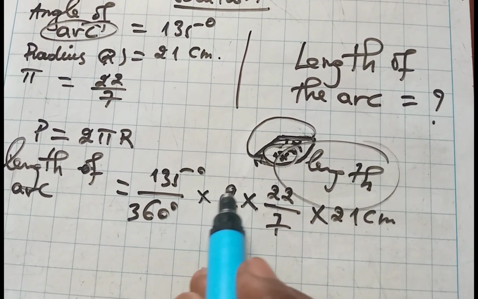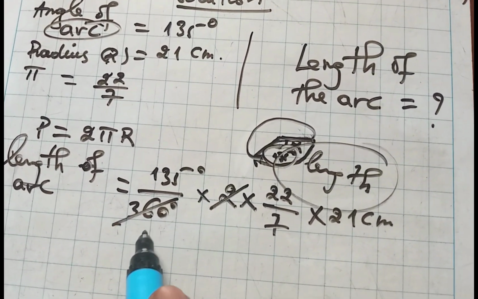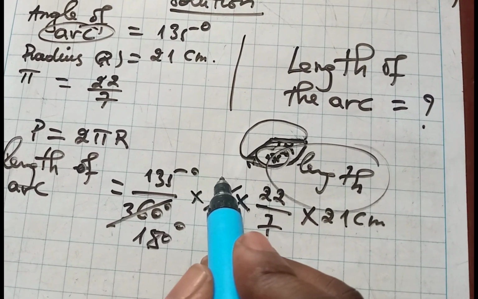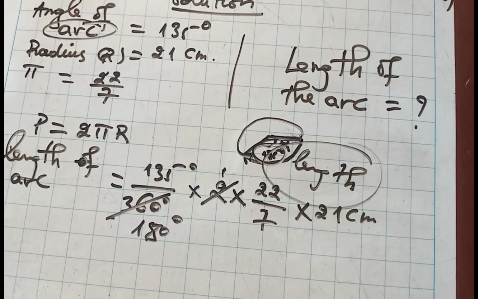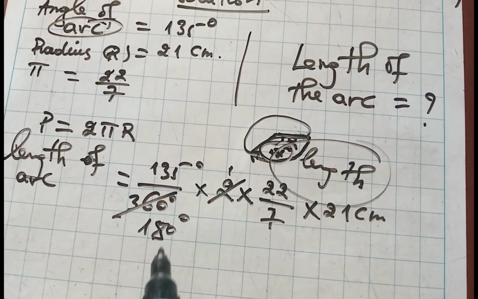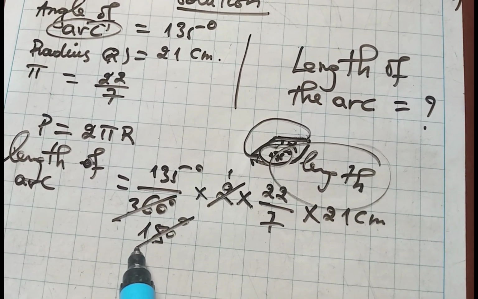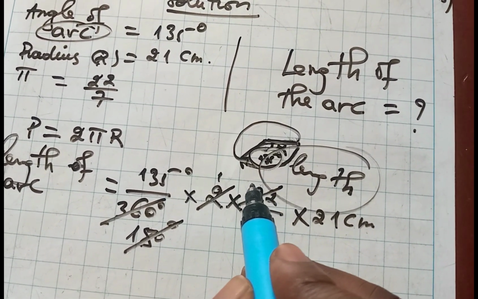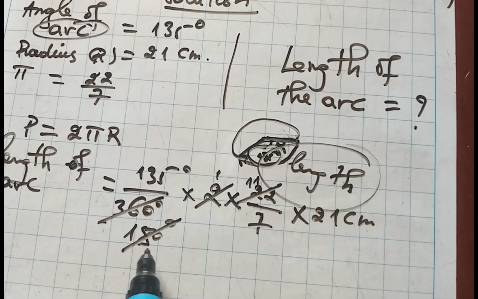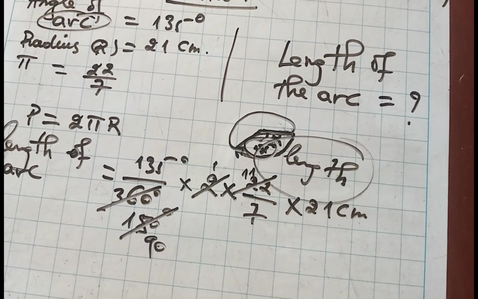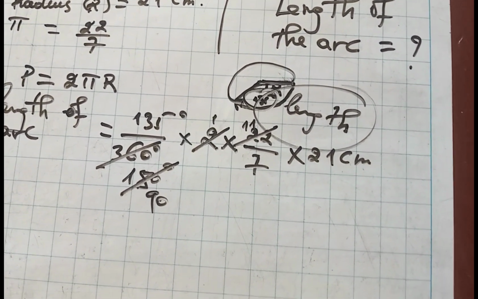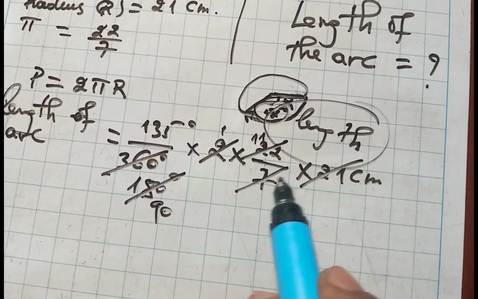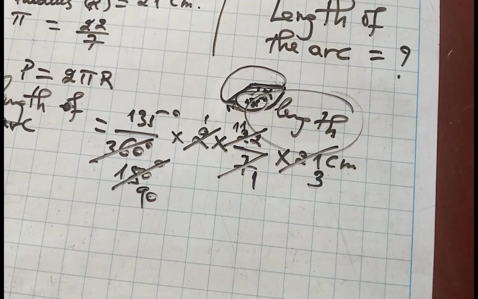So this 360 degrees can be simplified by 2 to have 180 degrees. This is 1. Also, this 180 degrees can be simplified by 22 to have 11. This one will be 90 degrees, right? Then we can simplify this 21 and this 7 to have 1 here, to have 3 here.